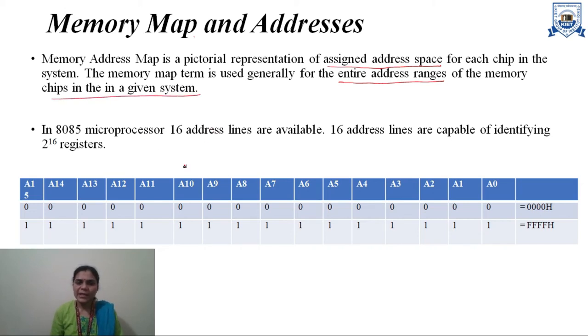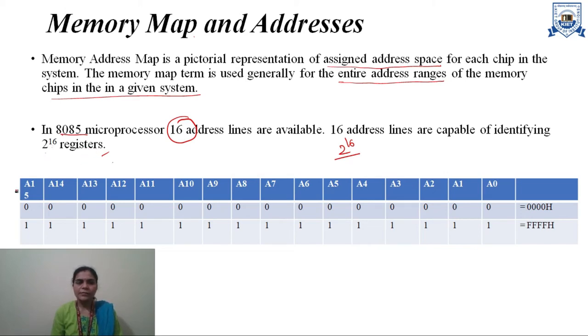So, we will see with the help of an example. In the 8085 microprocessor, there are 16 address lines. So 16 address lines can identify 2 to the power 16 registers. And we will see the minimum and maximum address range for 2 to the power 16 registers.